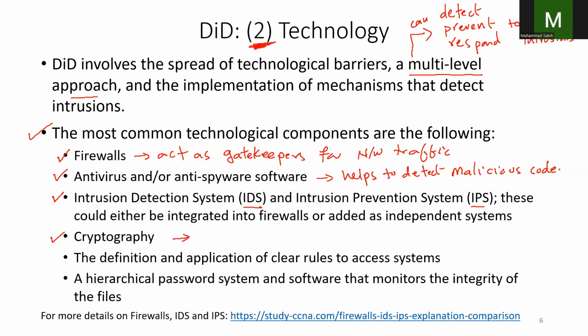Next, we have the cryptographic technique, and this includes encryption, for example, which helps to protect the data which is moving or at rest. By moving I mean the transferring. Also, we have to define the access rules.